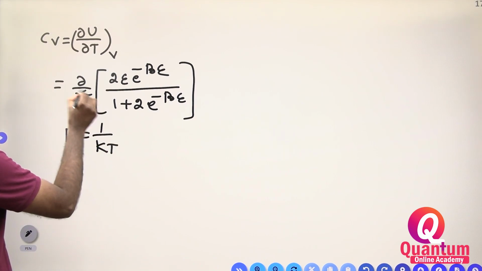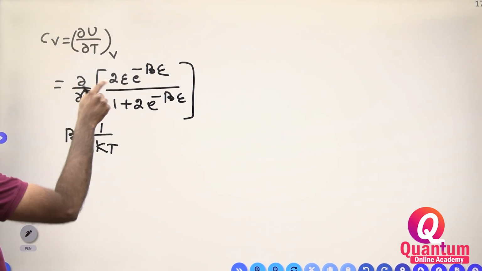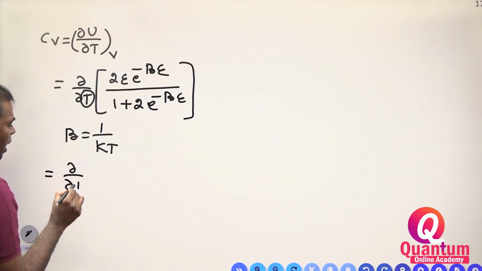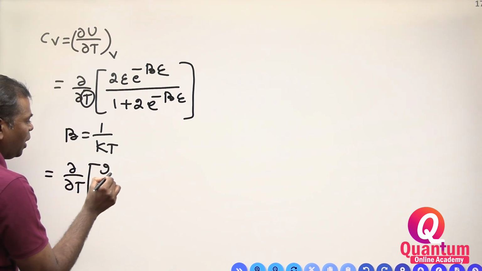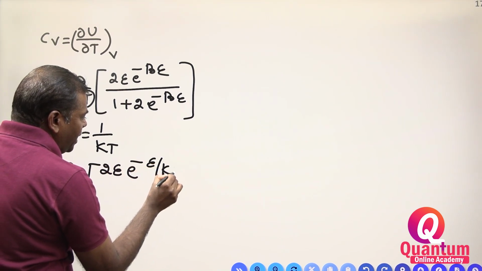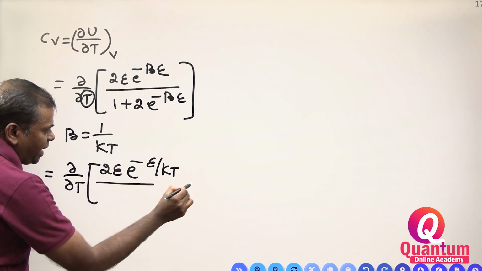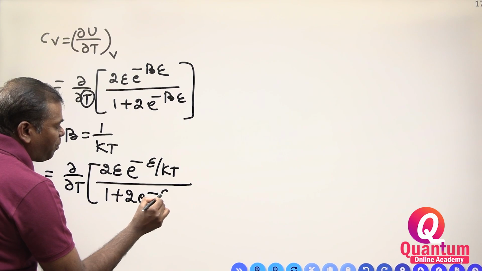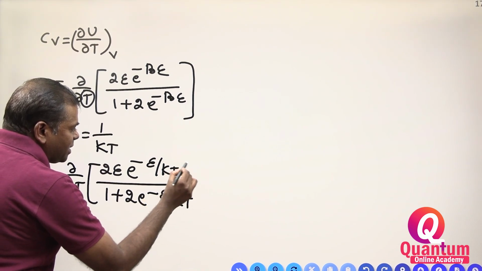With respect to T differentiation is there, that's why you have to substitute. Therefore it is ∂/∂T of 2ε e^(-ε/kT) divided by 1 plus 2 e^(-ε/kT).